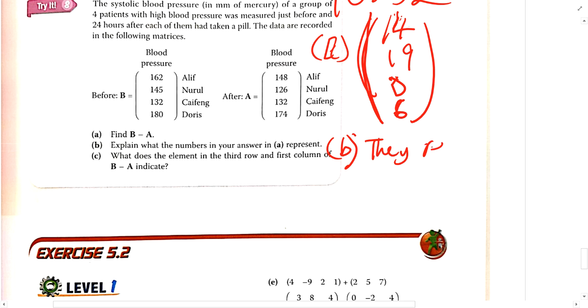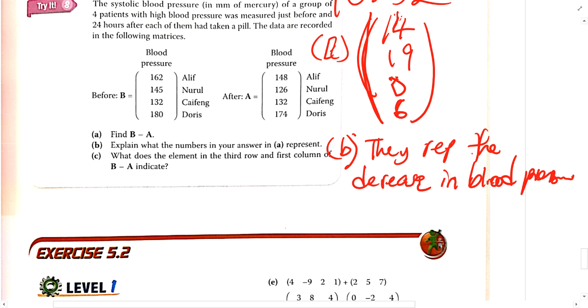They represent the decrease in blood pressure for each patient after they take the pill.